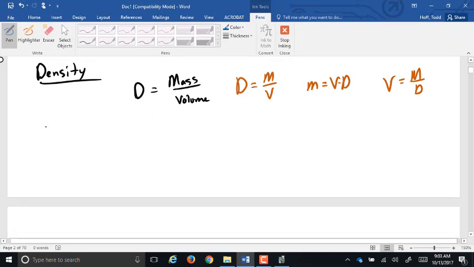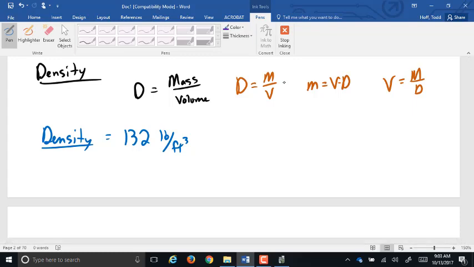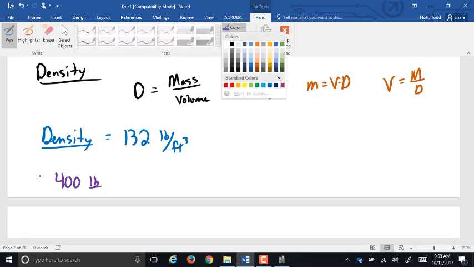Let's say we have a metal that we know has a density of 132 pounds per cubic foot. We want to know what volume of metal we have. We can actually just weigh it. Let's say it comes out to be 400 pounds of material sitting there.